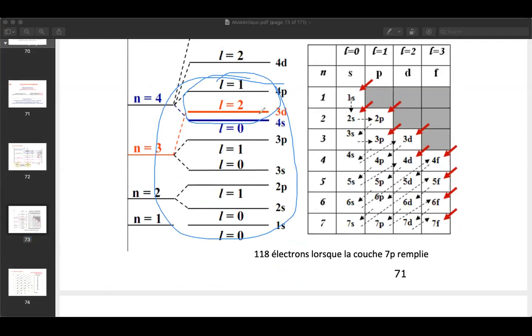Now, because there's an energy fluctuation, and electrons will always occupy the lowest energy possible, before going to the 4P, we have to go to the 3D, then go to the 4P. Before we occupy the 4P, we are supposed to pass through the 3D. That's the route.